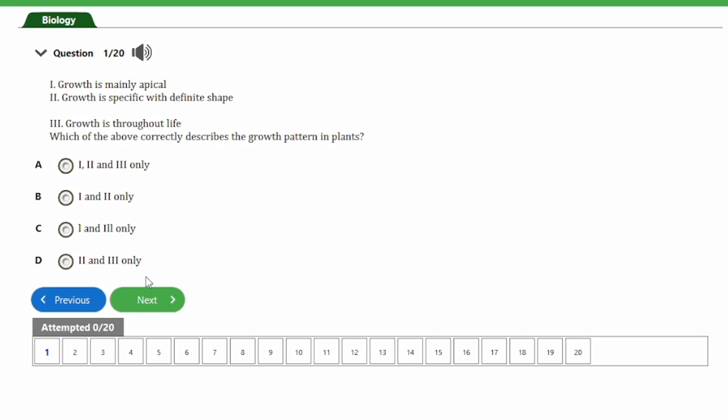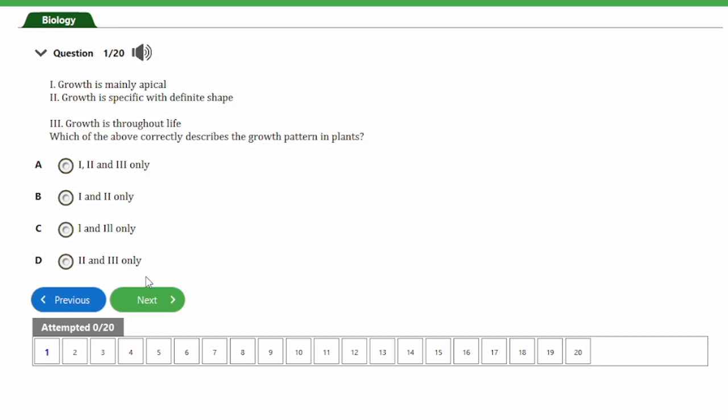So guys, let's start with the first question, which says: growth is mainly apical, growth is specific with definite shape, growth is throughout life. We have a question based on these three statements, and the question says which of the above correctly describes the growth pattern in plants?